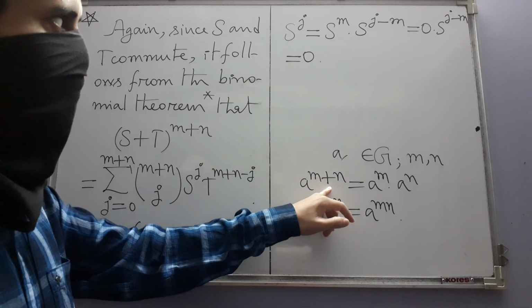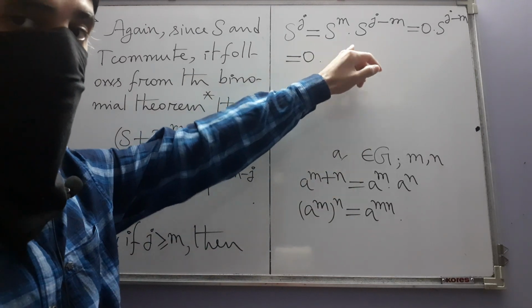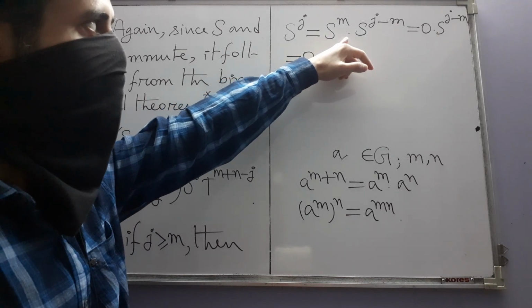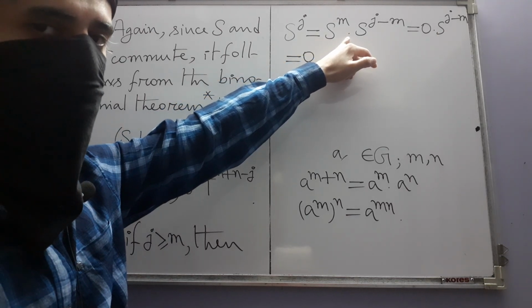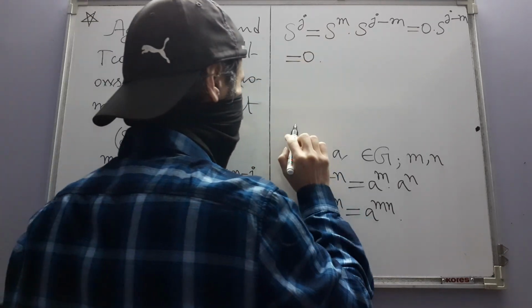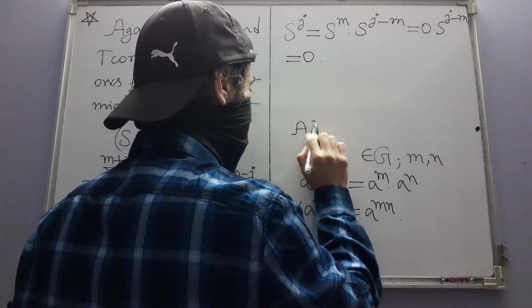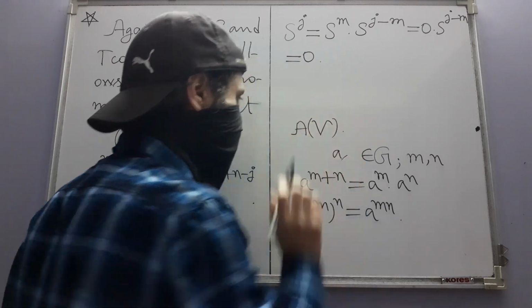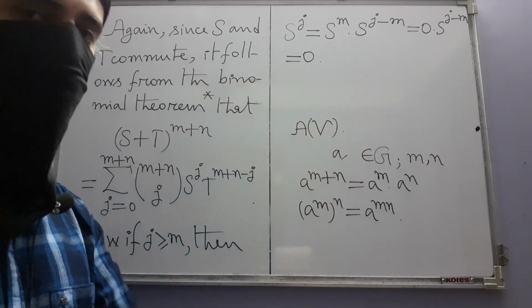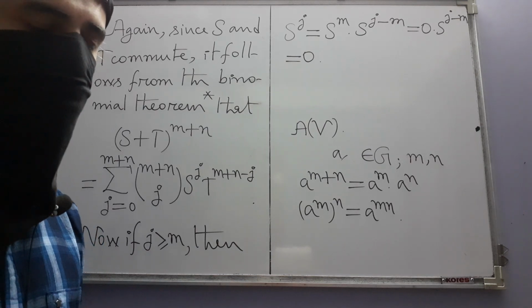So this is the one we have used here, but the operation is multiplication of operators, which is just function composition. So the operator algebra from where these operators are coming is not necessarily a group under multiplication.